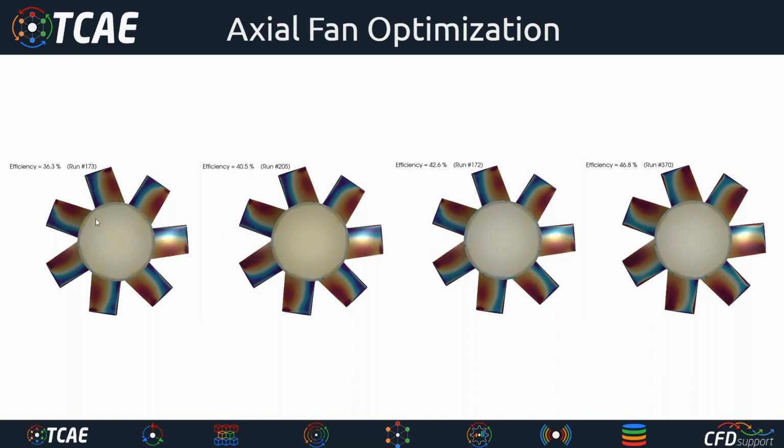The point is, with the human eye, you never recognize which one is better, right? This one has 40. This one has 42. This one has 47. With the human eye, you will never recognize what the efficiency of it is. You have to run the simulation, right?